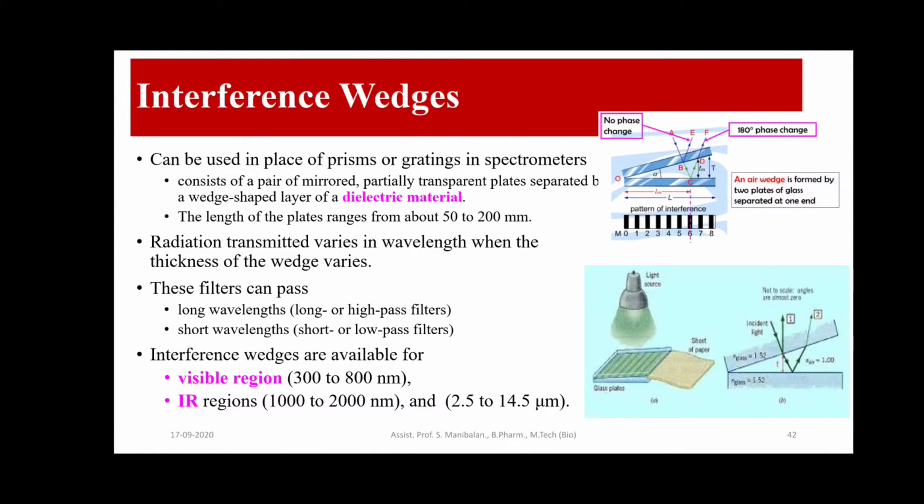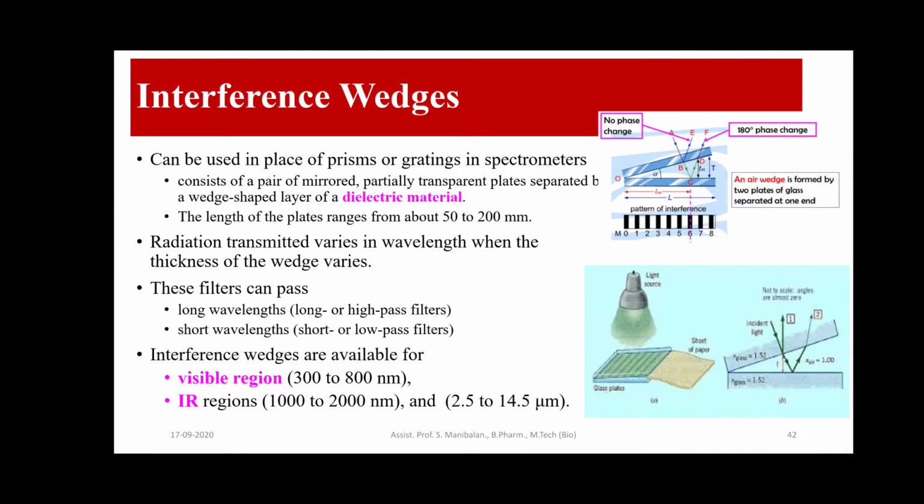Interference wedges are available for the visible region and also the IR region. For the visible region you can get the entire 200 to 800, that is UV and visible. UV starts at 200 nanometers, but the practical minimum is 300, so we can effectively use it in the visible. Kindly note that we use wavelength in nanometers in UV and visible.